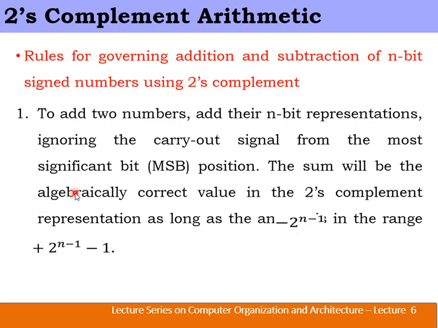So what rule number 1 says is that we are supposed to perform addition of two numbers including the sign bit also, and once the carry is generated, ignore that carry so that we get the result. The result obtained is algebraically a correct value. So this is rule number 1.